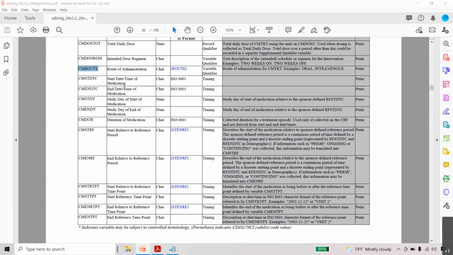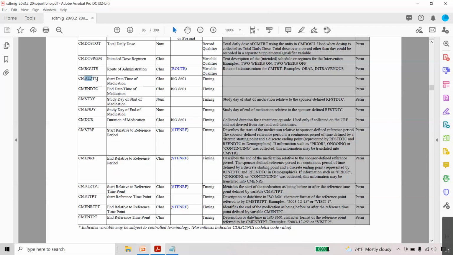Next are CM STDTC and CM ENDTC. These are the date and time variables. As I said earlier, SDTM dates are character type data, and we can see the ISO 8601 format. This is the start date and time of collection, CM STDTC. For all dates in SDTM, only the prefix is different and STDTC remains similar, like AE STDTC.